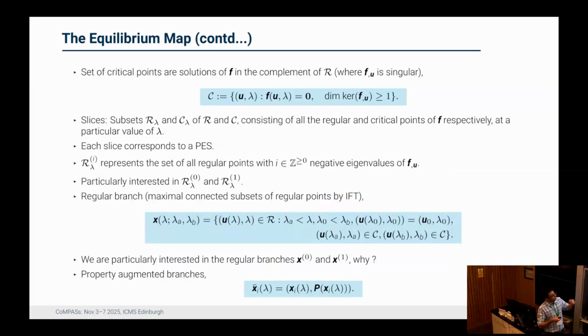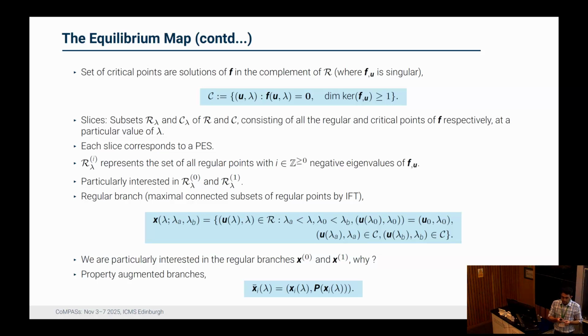So the regular branches are nothing but a continuous connected set of these regular points punctuated by the critical points. So you can imagine the bifurcation diagram itself, in a computer science sense, as a graph.